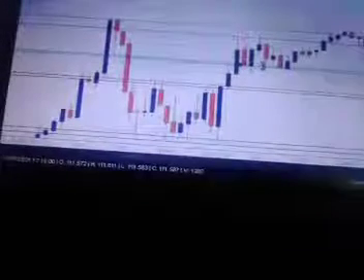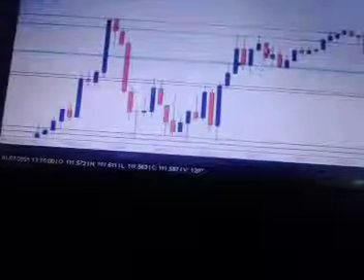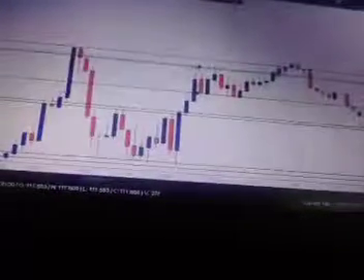It bounced from this level, came back here, went up to this level, and came back to this level of support down there, and then it broke this level, retested, and then went down from that level.